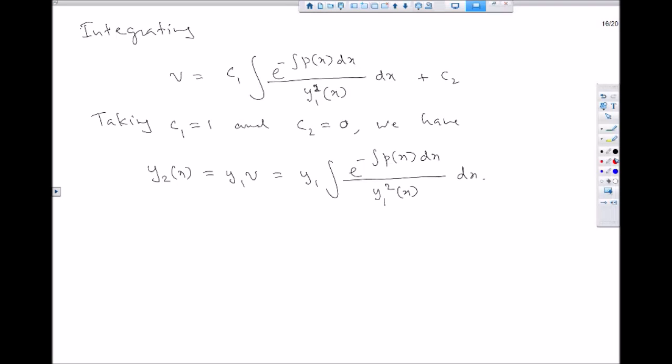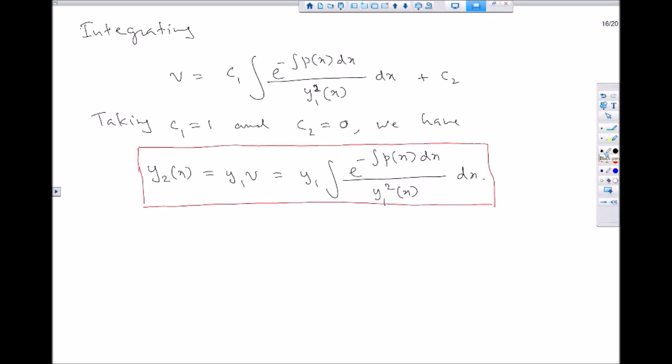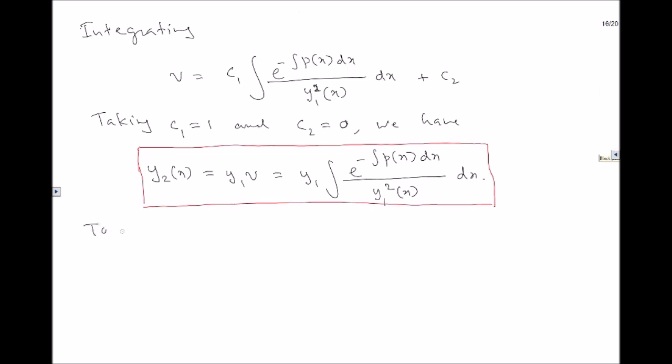Good. Now the question is whether they are linearly independent, and you can see that if you look at a simple Wronskian, you're going to see that they are linearly independent.